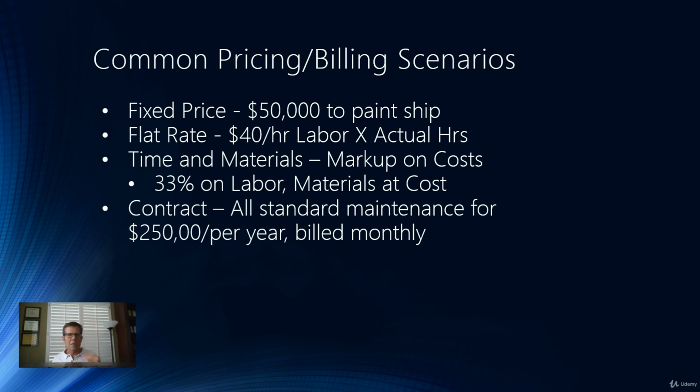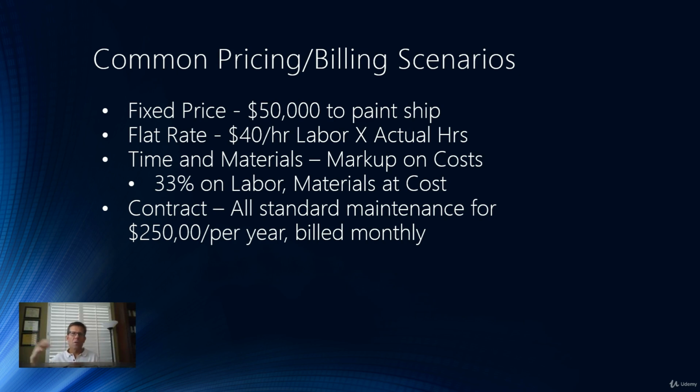Then flat rate, sometimes I use those interchangeably, but more precisely, a flat rate is a flat rate per hour. So you may have many different types of skilled labor working on a service. So you may have electricians, plumbers, boilermakers, copier repairmen, whatever.